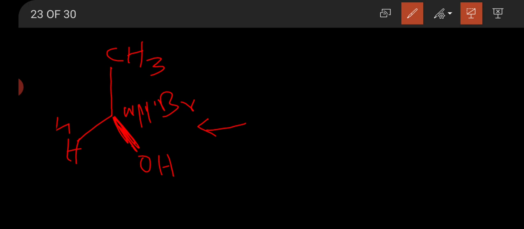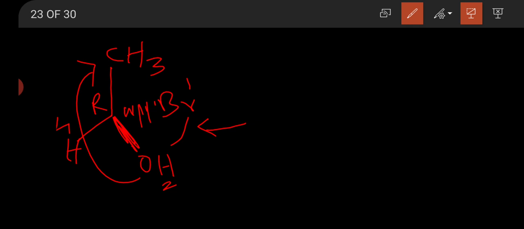Okay, 1, 2, 3 is clockwise. The fourth priority is below the plane by seeing this side. Therefore, it is R configuration.